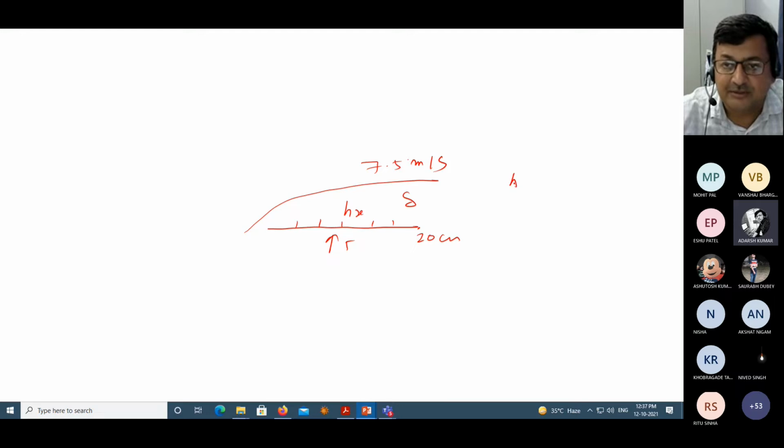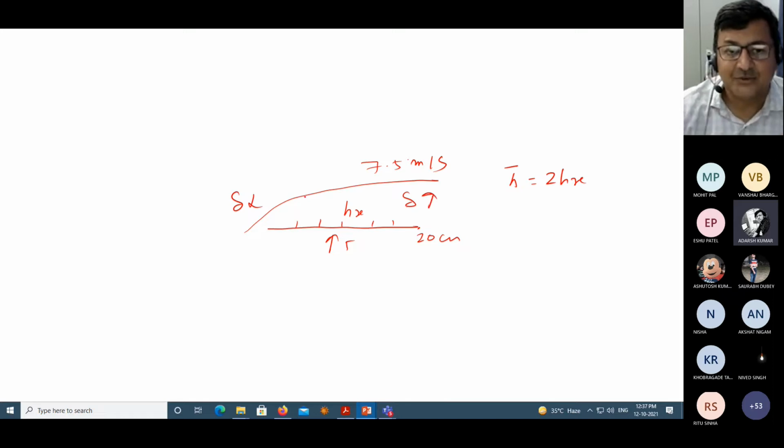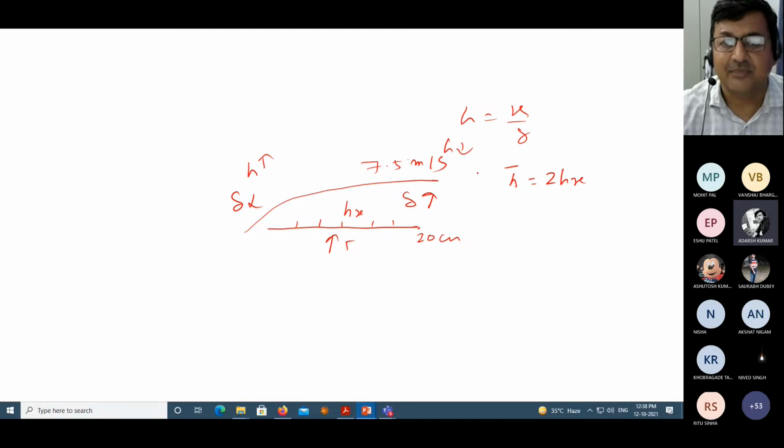To have an average heat transfer coefficient, you have to use, say, 2 of Hx. Why? Because here the delta is very small, and here delta is high. As you know, h is equal to k by delta, so you may expect that here h is very high and here h is very low.